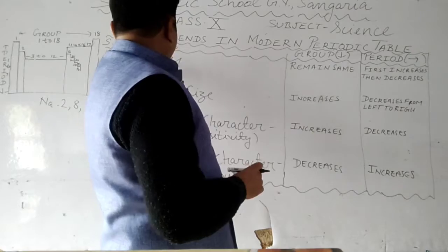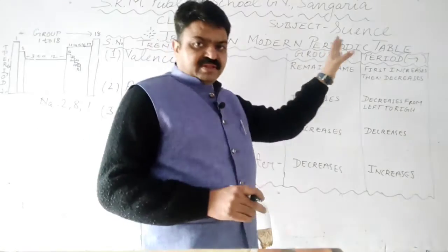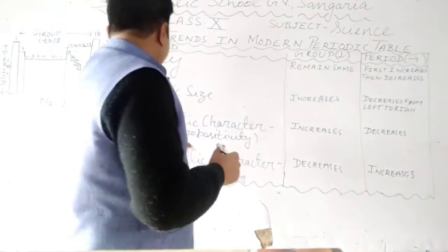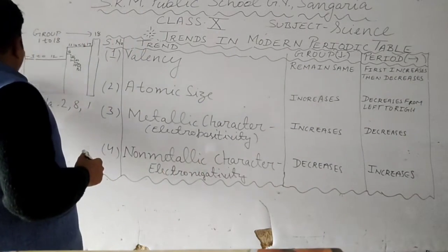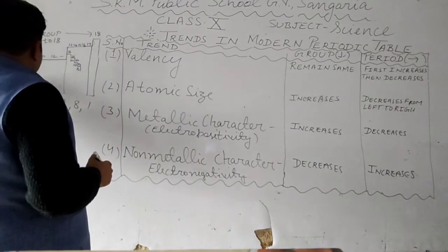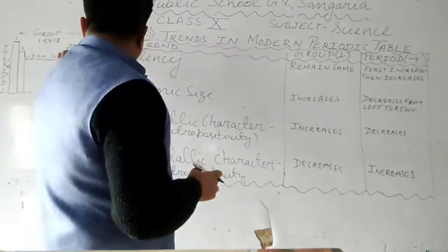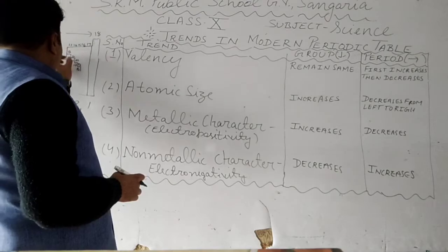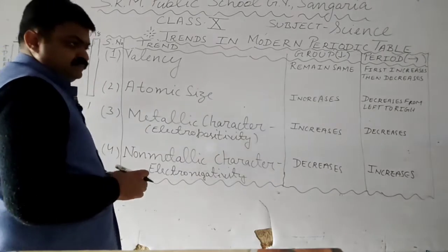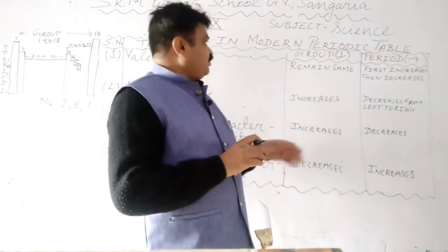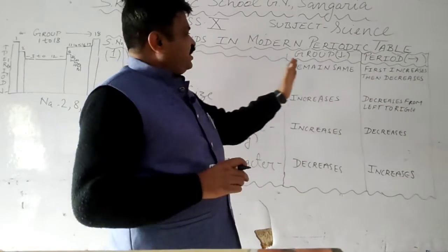Like in the group, student, in the group means from up to down. Like this is group 1, this is group 2, this is group 3, this is group 4. In a particular group, from up to down, the valency remains the same.